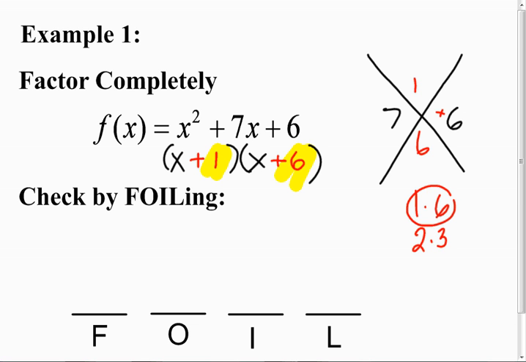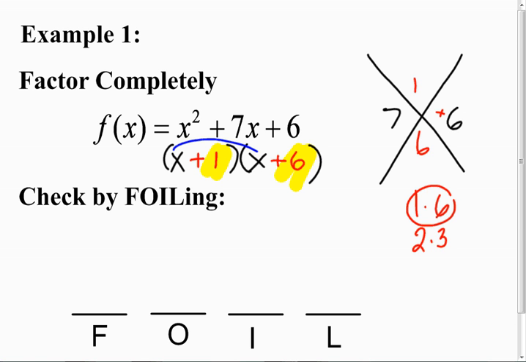And then we check by multiplying it out. So you know if you did it right or wrong, even though the answers are online. We are on factoring A. Yes, we are in factoring A. Okay. So, if you multiply these, what do you get?